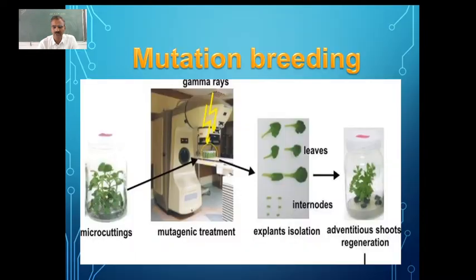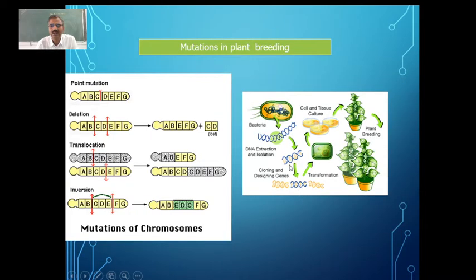And here, you can see this gene is going to be altered by using the mutagens, and that can be cloned, and thereby they culture it and develop it with the help of tissue culture, which is a form of vegetative propagation.